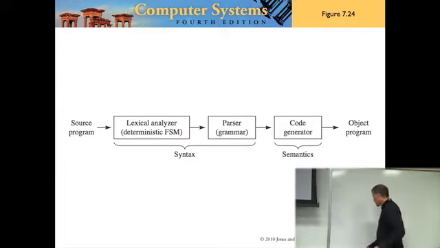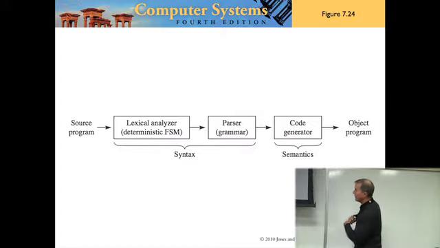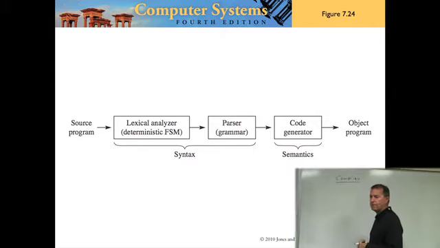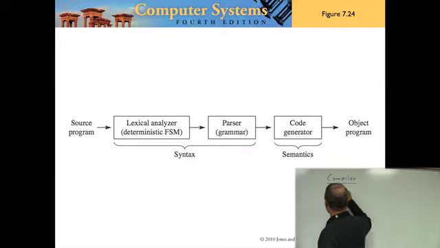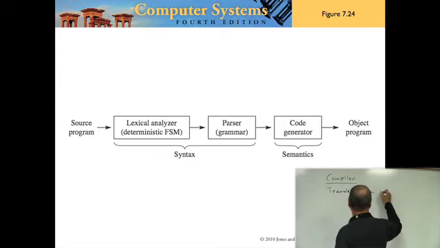Now, figure 7.24 is applicable for a compiler. And what level does a compiler translate from? HOL 6. Okay, so it translates from HOL 6.